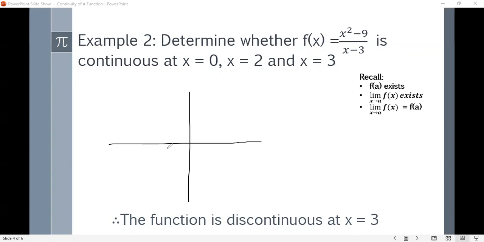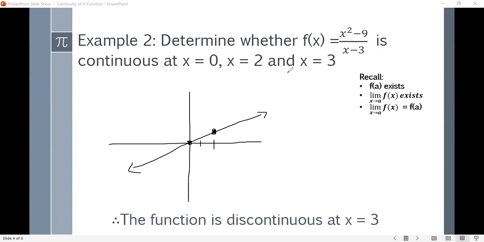Let's say, ganito po yung graph ng x squared minus 9 over x minus 3. Ganito po yung kanyang kalalabasan. Halimbawa, x is 0. Di ba may lumabas na value sa x as x is 0? Assume na ito po siya. Continuous. What if x is equal to 2? So, meron tayong 1, 2. So, continuous pa rin siya dito sa function na ito.